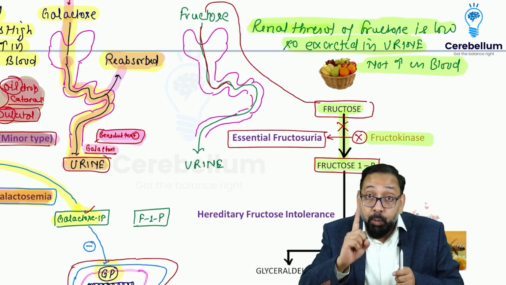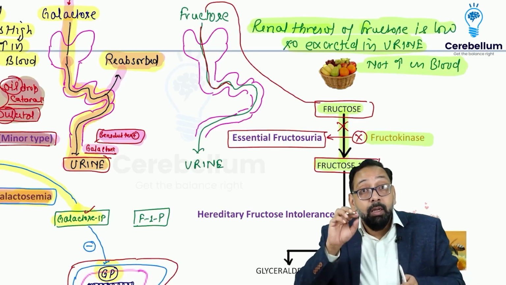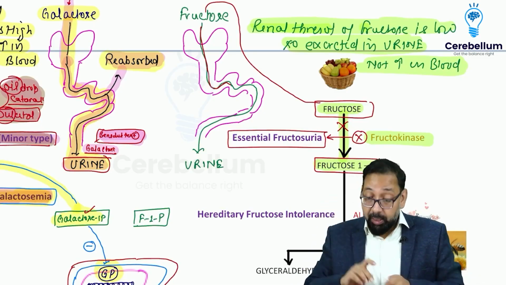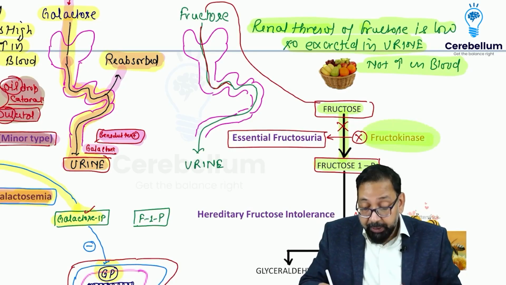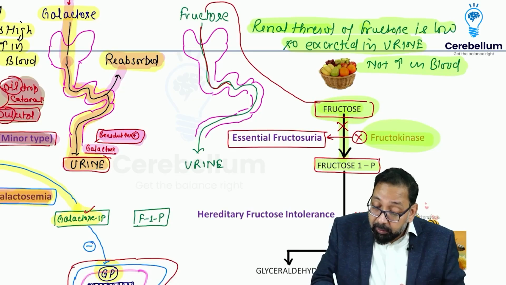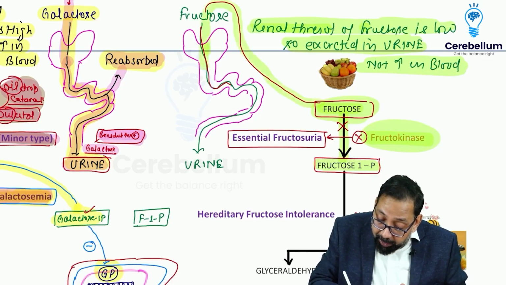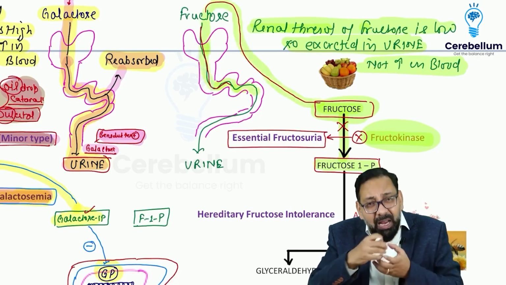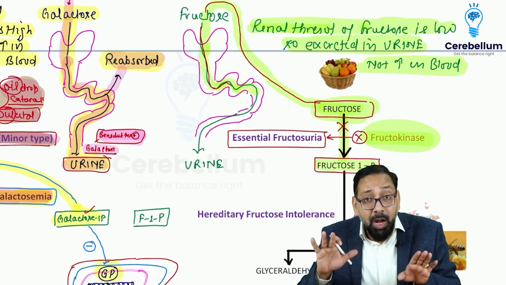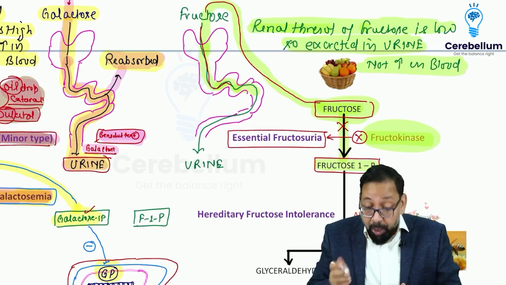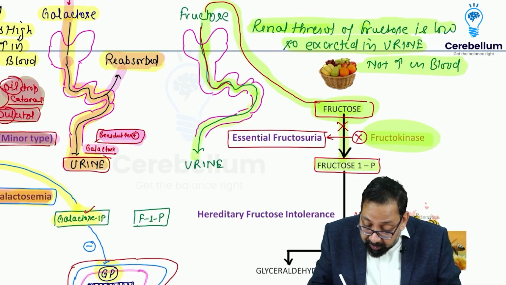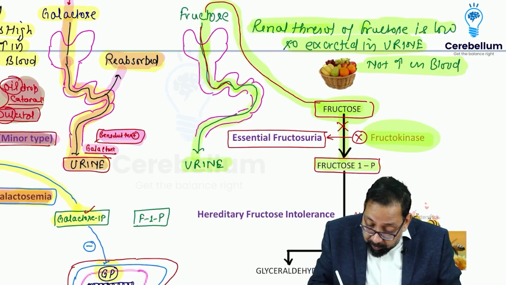So again point out, in essential fructosuria, fructokinase is deficient, fructose will increase, and this fructose will be freely filtered via glomeruli. It will be reabsorbed in some amount but not large because renal threshold is low, so most of the fructose will be excreted in urine. So fructose in urine.